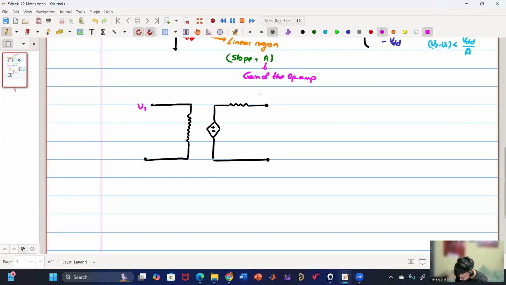This is my V1 and this is my V2, and this is some non-ideal input resistance, and this will be A into V2 minus V1, and this is R0, and this is V0. This is only for the linear region. If there is no output load connected, then V0 is nothing but A into V2 minus V1, right? Agree, everyone?